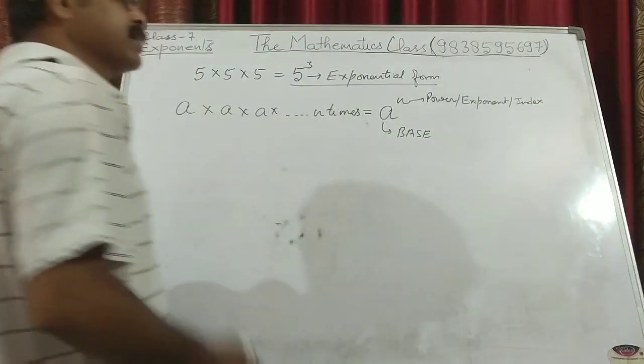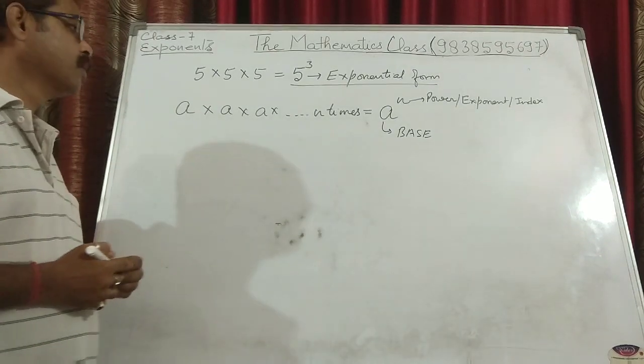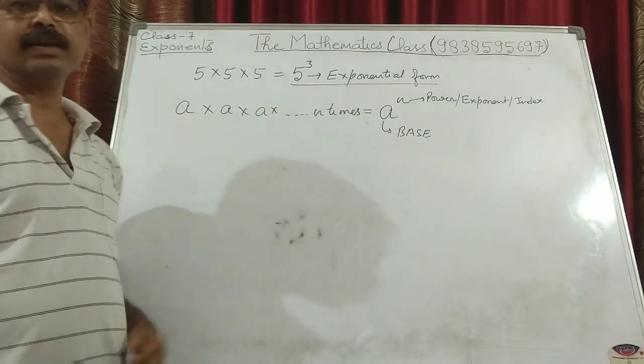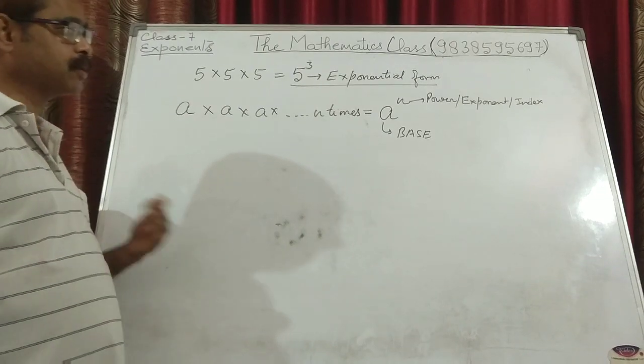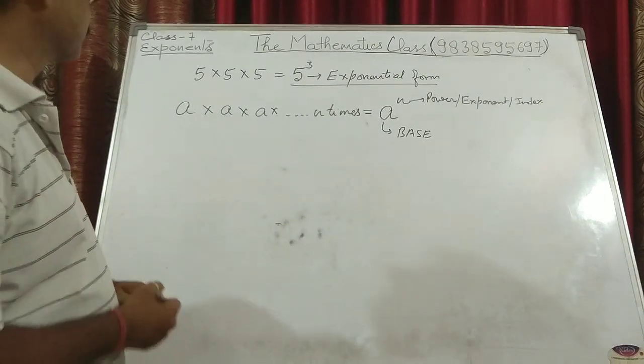Index, plural word is indices. So what is the meaning of a to the power n? That a is multiplied to itself n times.